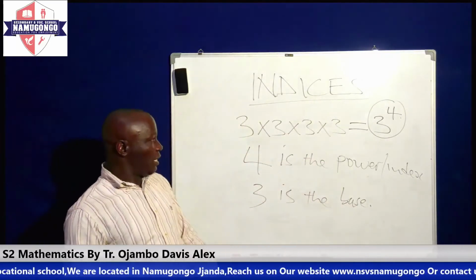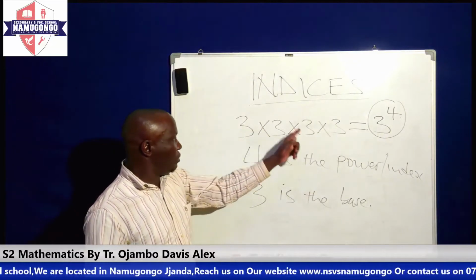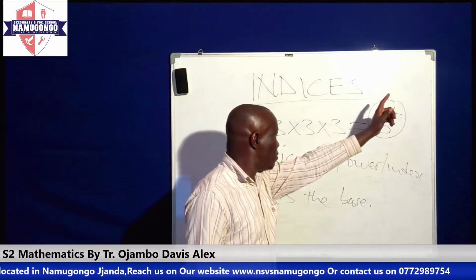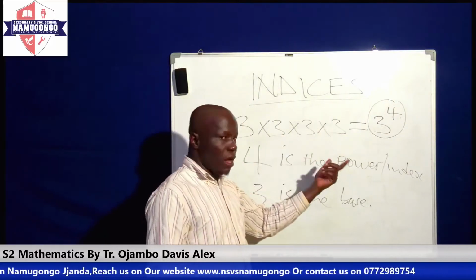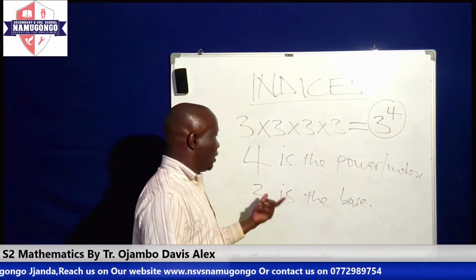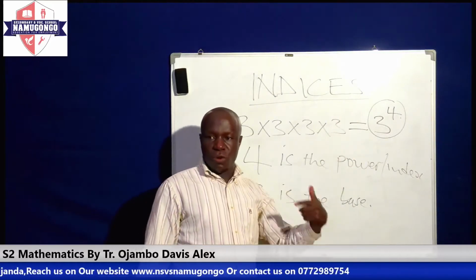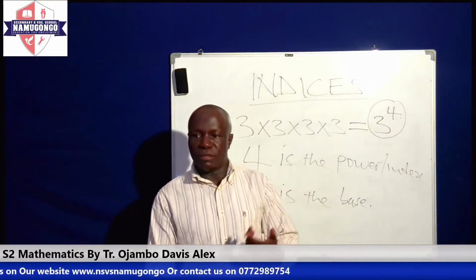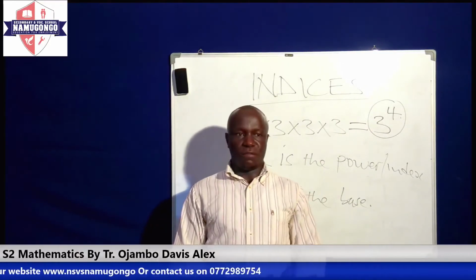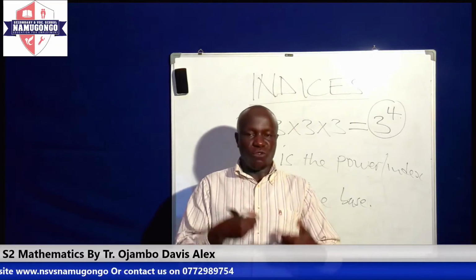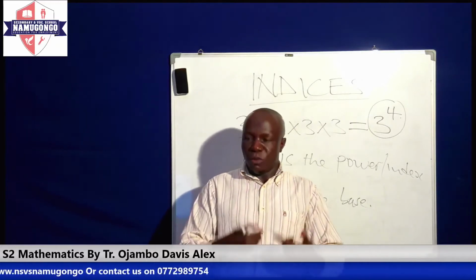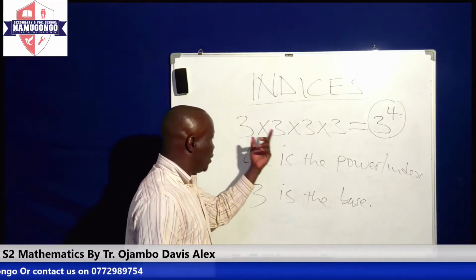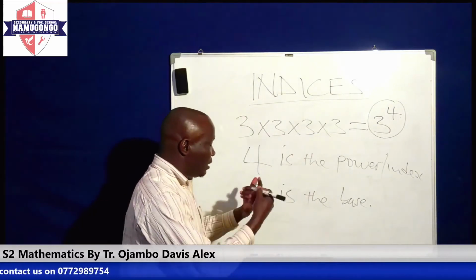So the expression 3 times 3 times 3 times 3, in power form, can be written as 3 raised to the power of 4, where 4 is the power or the index, and 3 is the base. So we can define an index as the number of times the base is multiplied by itself. In this expression, 3 has been multiplied by itself 4 times.